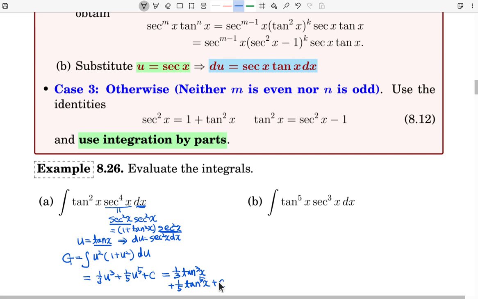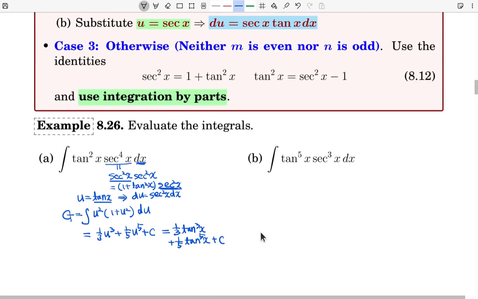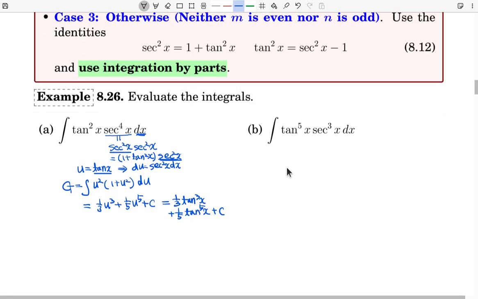That's the final answer. Okay, for this one, if you put aside, for example, sec squared, then 1 sec remains. By using that, you cannot change it into a function of tangent. Of course, you can do that, but a radical will appear.